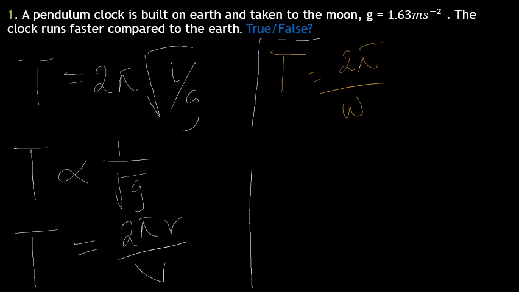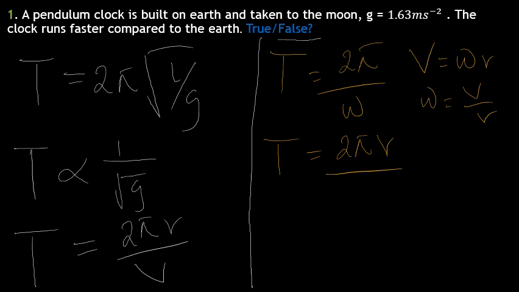Remember V is equal to omega R, so omega itself is equal to V over R. If you plug omega into this, you get T is equal to 2 pi R all over V. So this means that if period increases, the speed would decrease. So the answer is false.